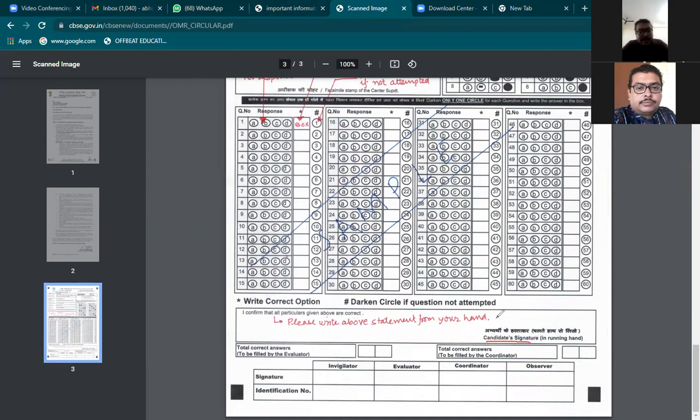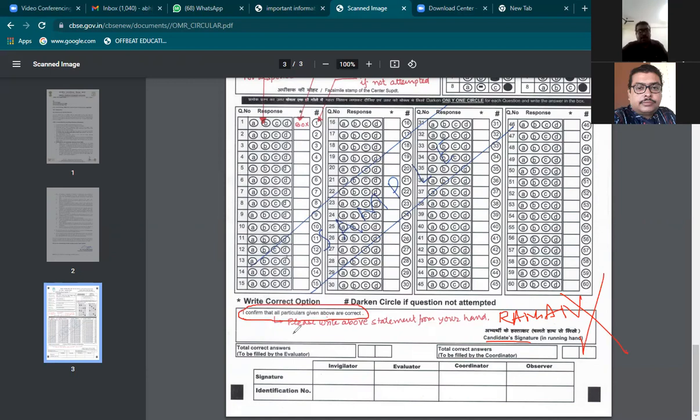If there is a candidate signature, no block letters should be used. Suppose your name is Raman; writing it in block letters will be incorrect. Don't use any capital letters in the candidate signature, and this part should be written in running hand.